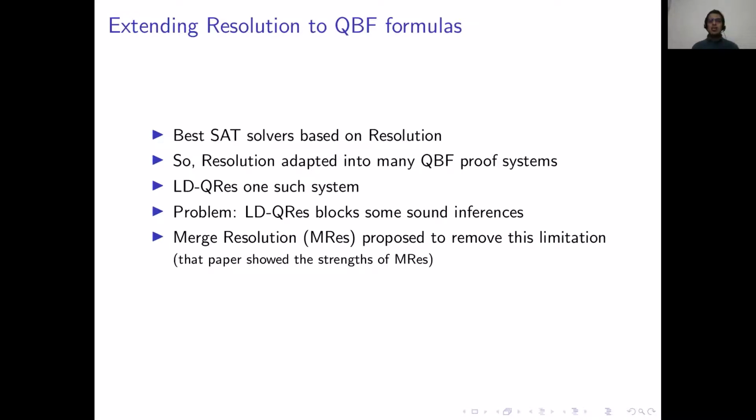So these formulas are hard for other QBF proof systems but easy for MRES. In the current paper, we show some weaknesses of MRES. We show that there are formulas which are easy for other QBF proof systems but hard for MRES.